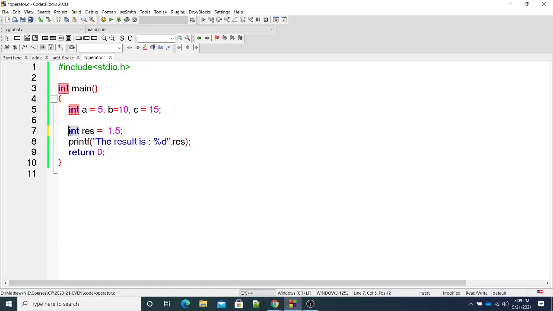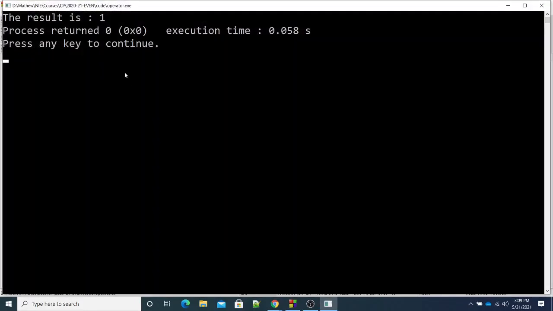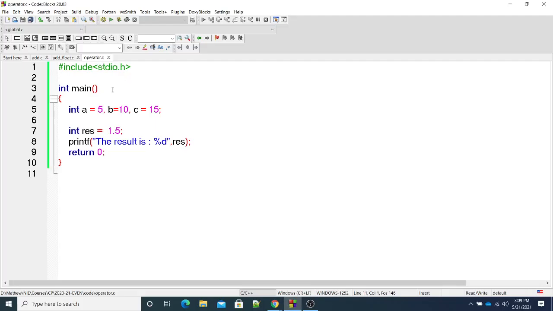Whatever you store in an integer variable, even if it has a floating point part, that will be discarded. So because of that, we get the result 1. That's why the floating point type is important there. Okay, clear?